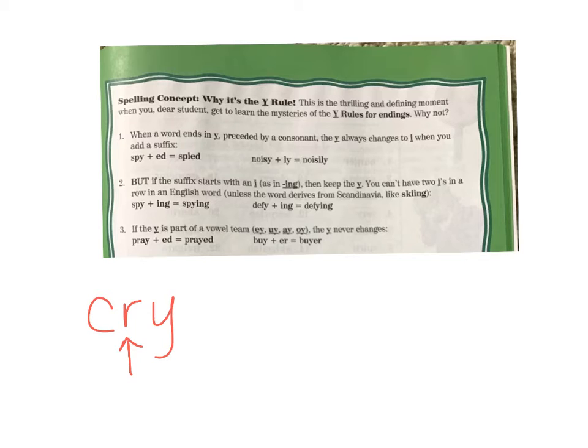You always have to change that Y to an I. So if I say I cried, you change the Y to an I and then put on an ED. They've also shown you, like in the word noisy, noisily, you have to change that Y to an I, even though you're adding an LY. Okay, here's the tricky part.